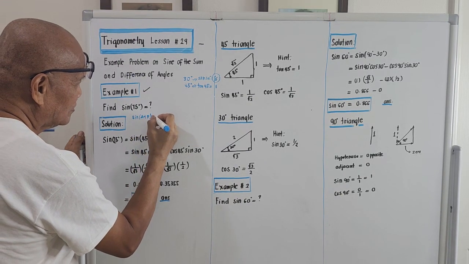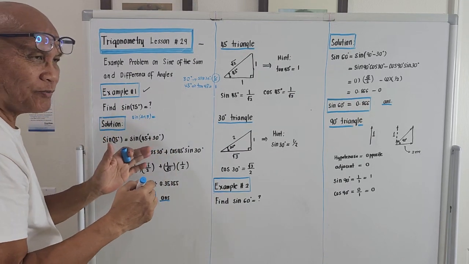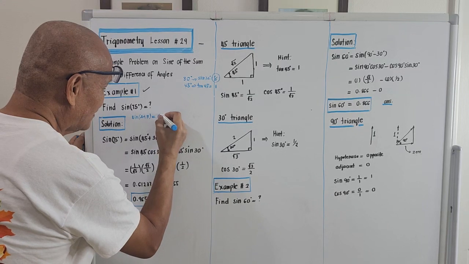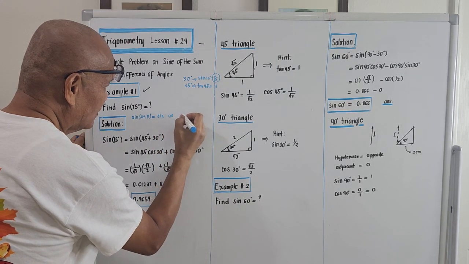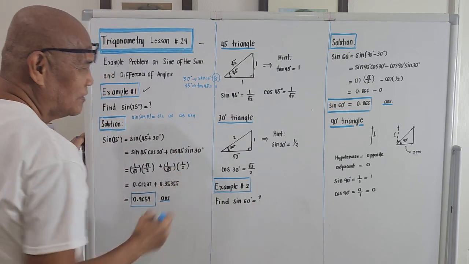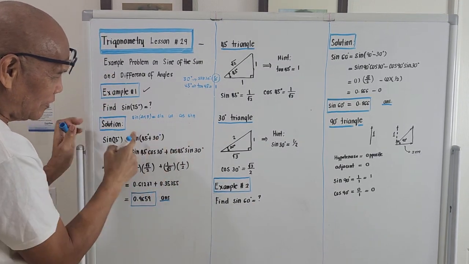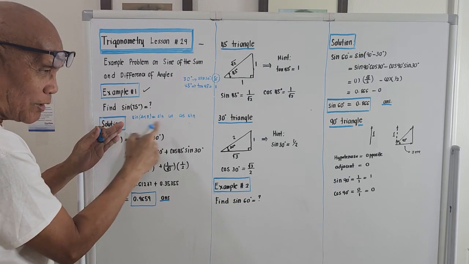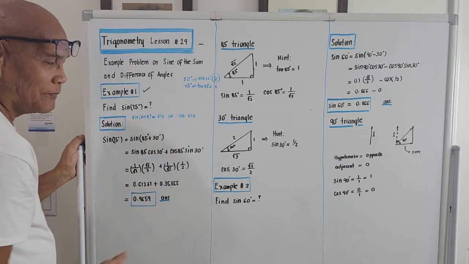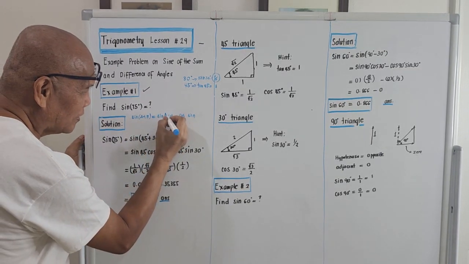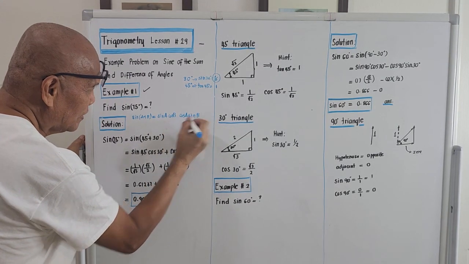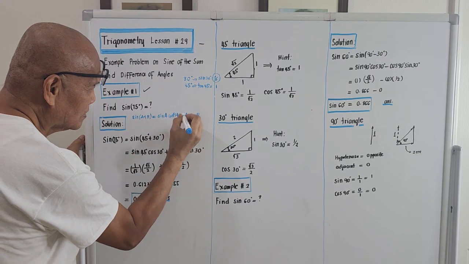Or just make your own code on how to memorize things, right? For me, I just do it like this: sine, cosine, cosine, sine. Okay, this is my code. Meaning, if the required expansion is the sine of two angles, it is sine, cosine, cosine, sine. And then you just place the angles A, B, A, B. And if this is plus, this should be plus.